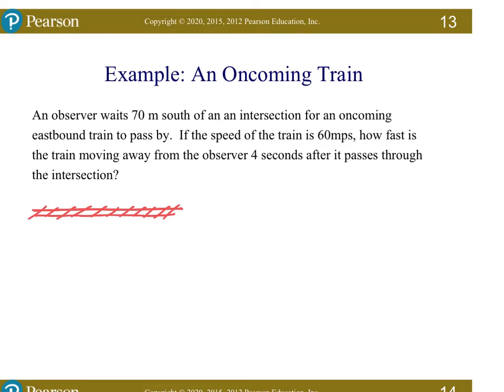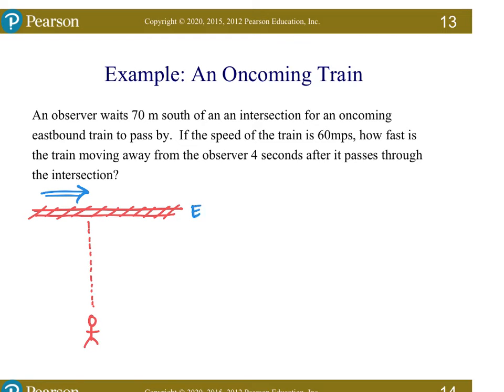And I have a person 70 meters south. Okay, so that's their distance. And the train is passing by, heading east. It's an eastbound train, so the train is heading towards the east.